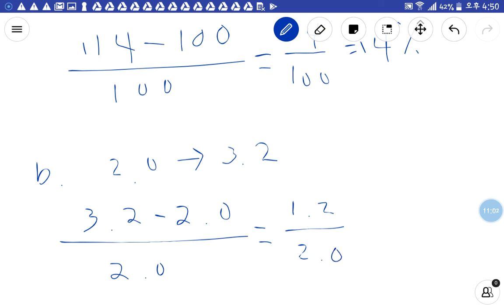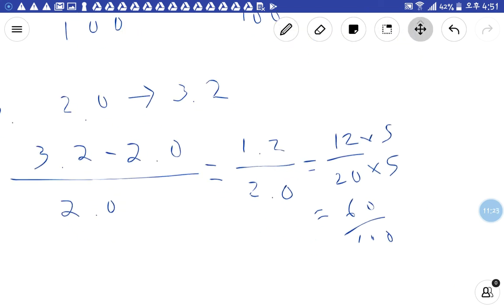Make sure that your decimals move one to the right, then you can make it into 12 over 20. But look, you won't need to make a decimal. The easy way you can do is to make your denominator 100. So times 5 on top and bottom. I can make 100, which is 60 out of 100. Then I can get my answer right away. What is my answer, guys? 60%. That's my B.